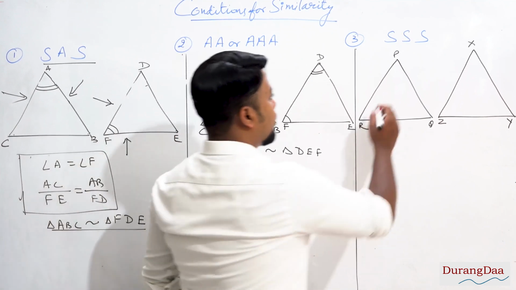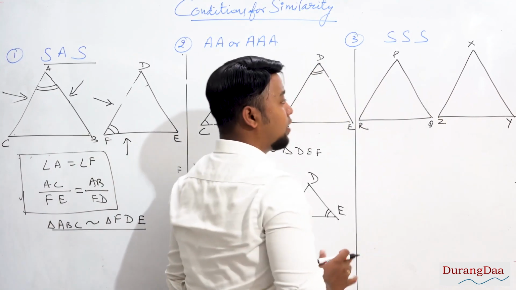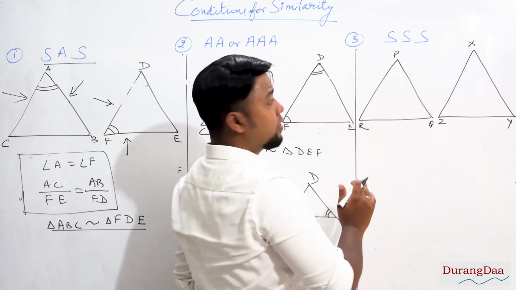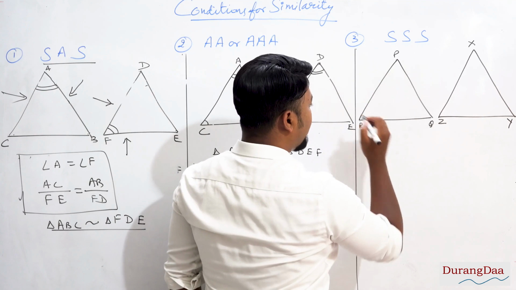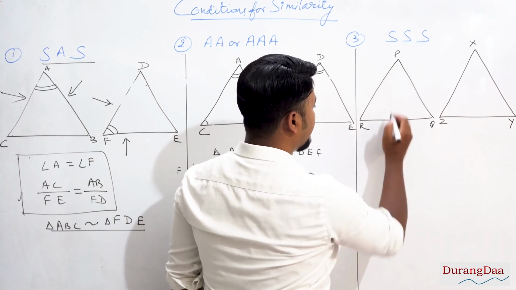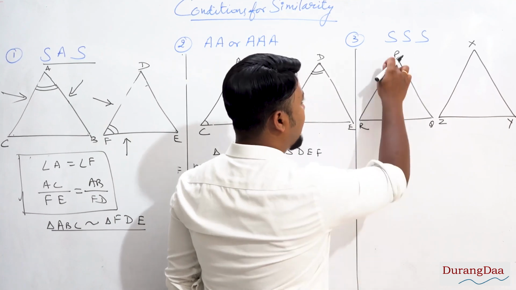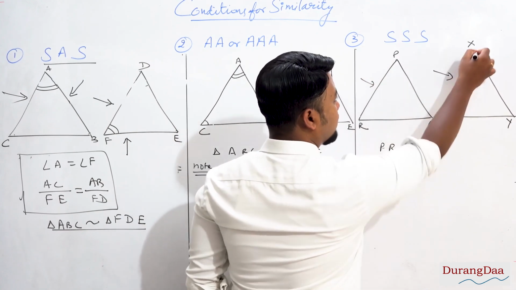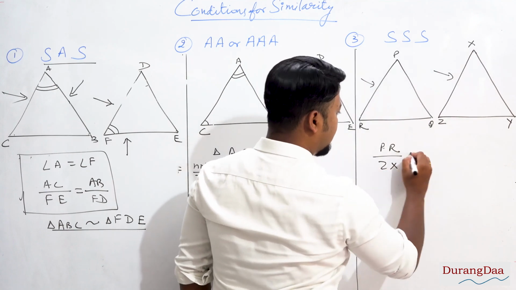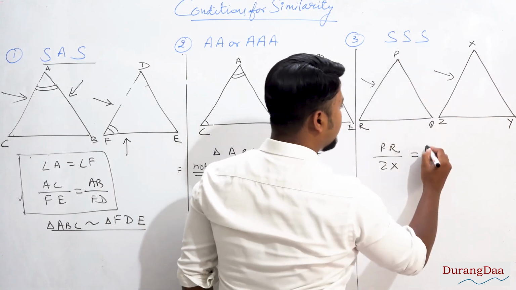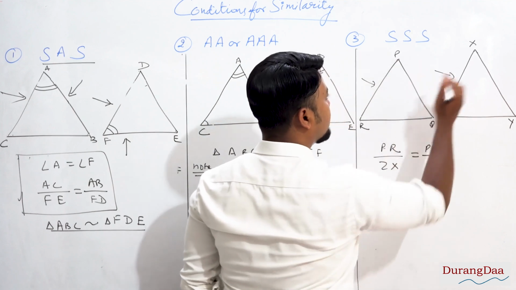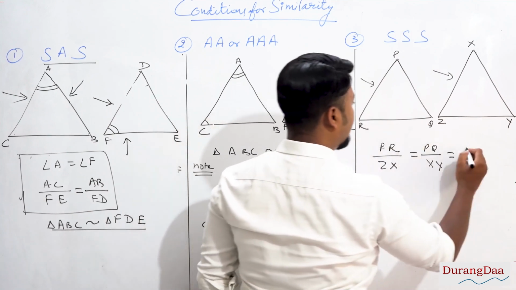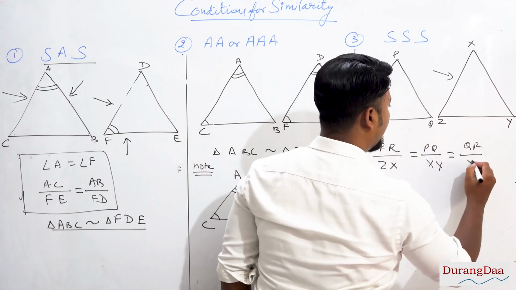And last one, two triangles can be proved similar by the ratio of their sides. If it is already given in the question that corresponding sides, here we are having PR and the side corresponding to this side is ZX, equal to PQ, and the side corresponding to this one is XY, or QR by YZ.